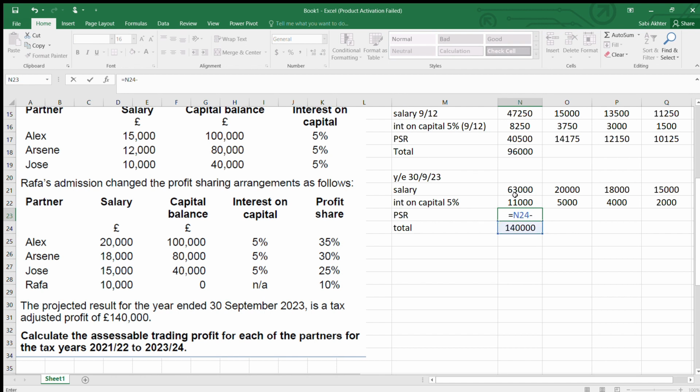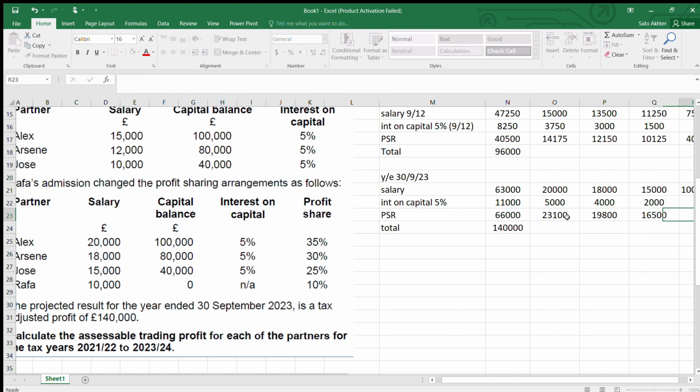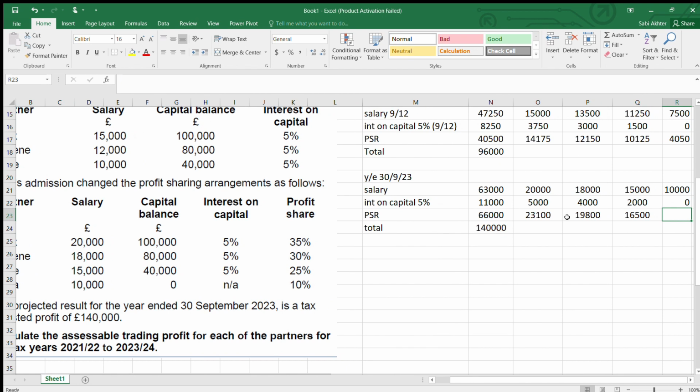This minus this minus gives 66,000. Then on this 66,000 you will take 35%, 30%, 25%, 10%, and you will get this amount: 23,100, 19,800, 16,500, and 6,600.